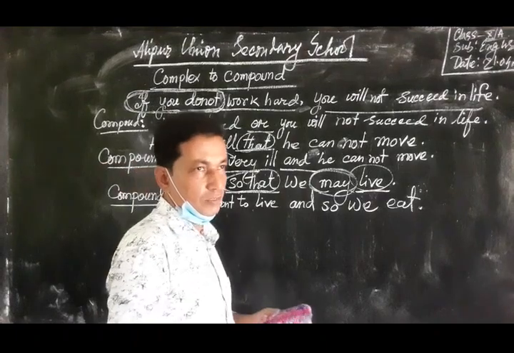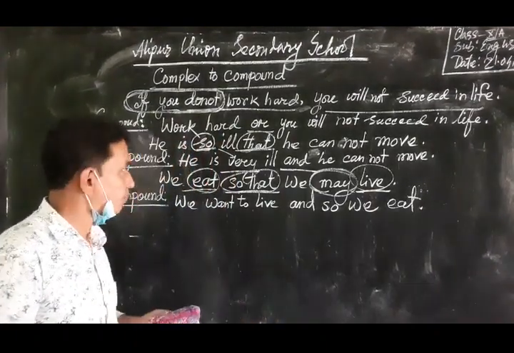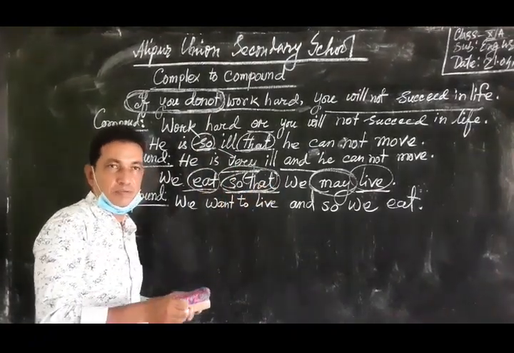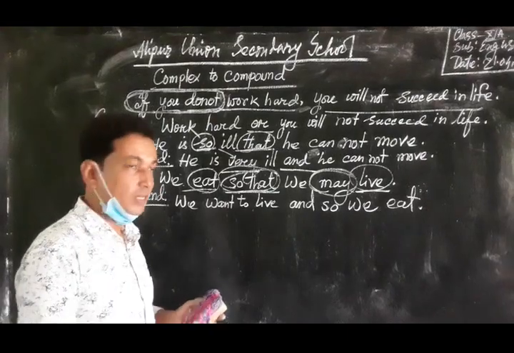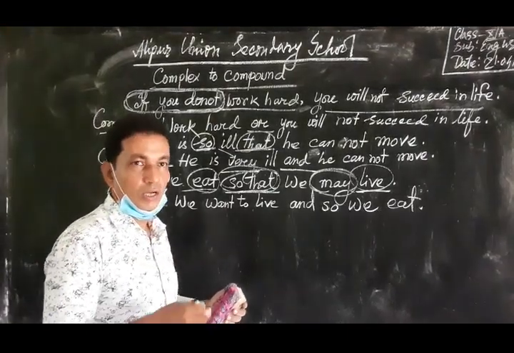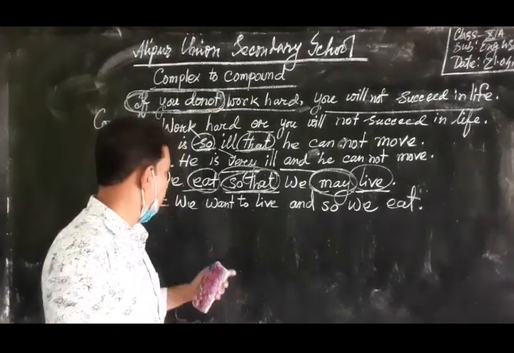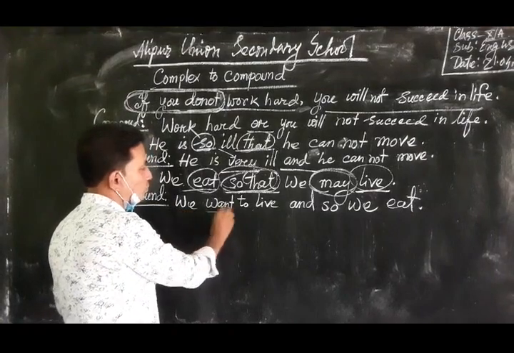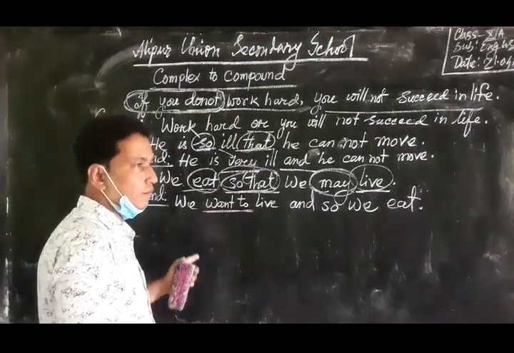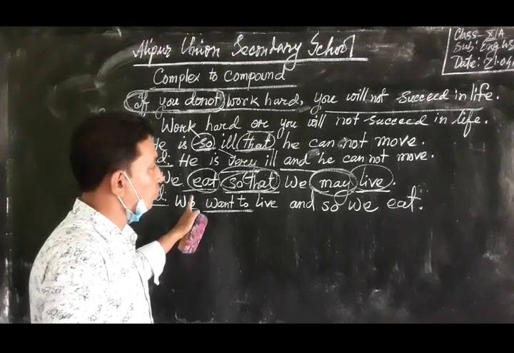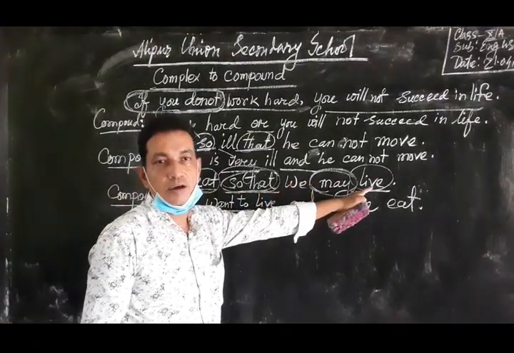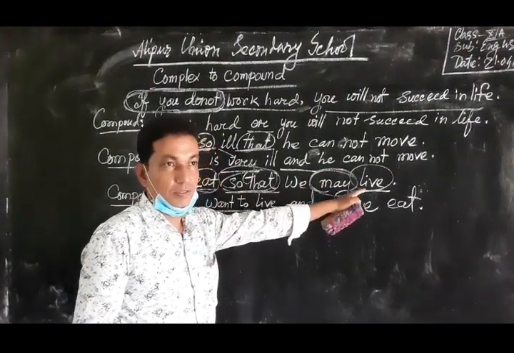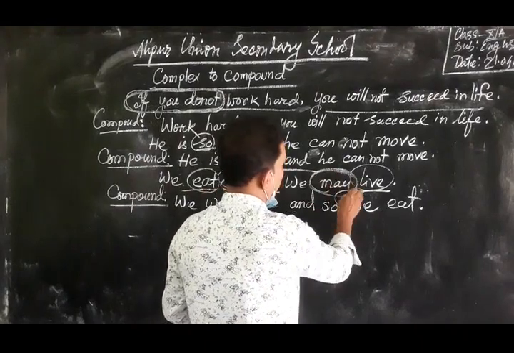When complex sentence is formed with so that, this sentence indicates the purpose of doing any activity. And in this case, when you want to change the complex sentence into compound one, we must use want to or wants to or wanted to after the subject, and then we have to take the second verb, the main verb, not the auxiliary verb.